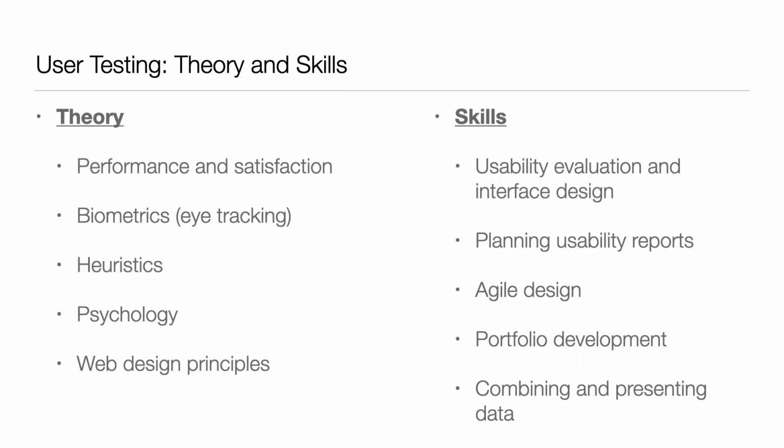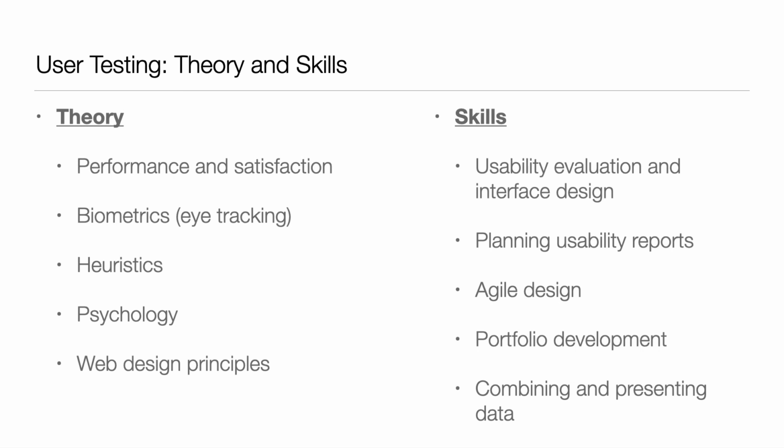So, what's the theory and skills we have? We have to think about performance and satisfaction. We've got to think about biometrics of how our body's reacting. We've got the heuristics of best practice. We've got psychology of how the mind works. We have web design principles.